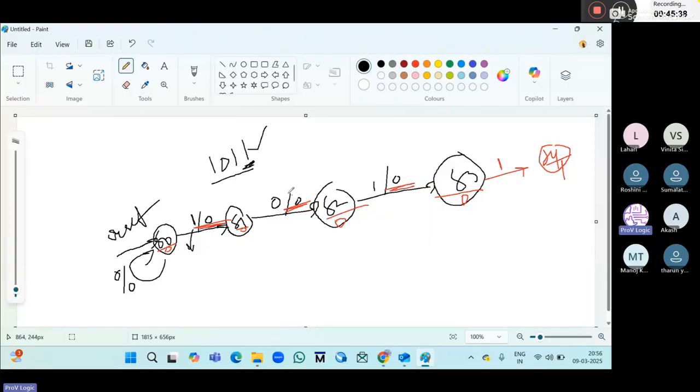S1 passes 0 to S2. Where should S1 pass its other value? We can't send it to S0 because S0 is already storing 0, so S1 itself stores the 1 value, because it already has 1.